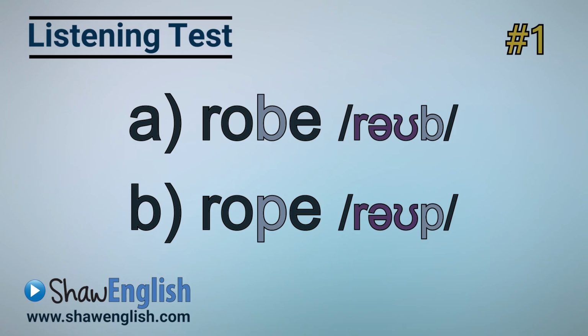A or B? Listen very carefully. Rope. A or B? One more time. Rope. Now, what do you think, guys? It's B. Rope. A would be pronounced robe.